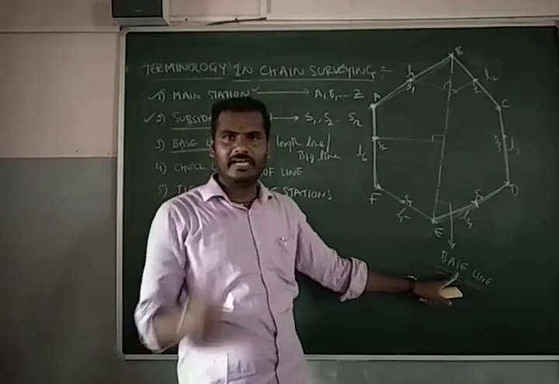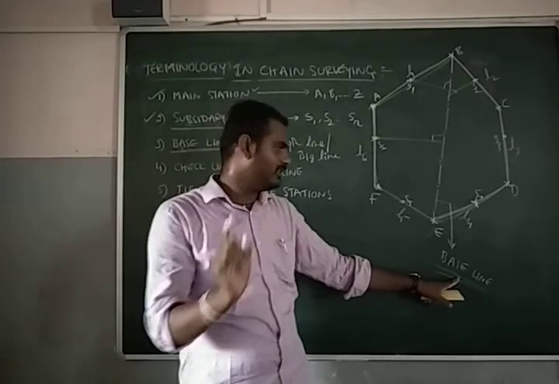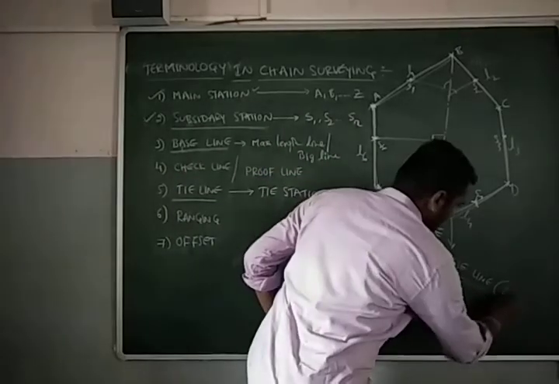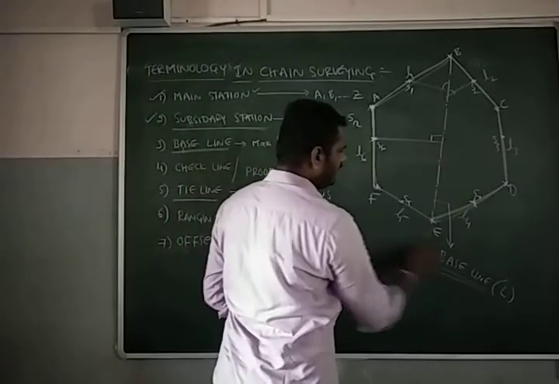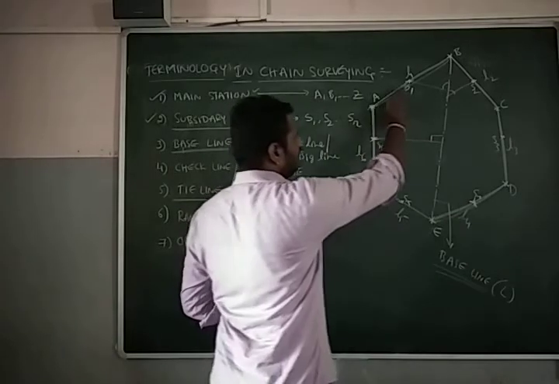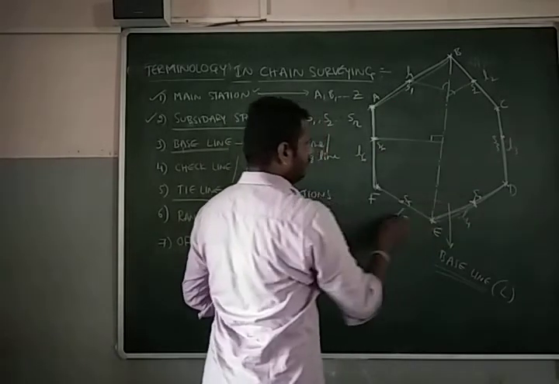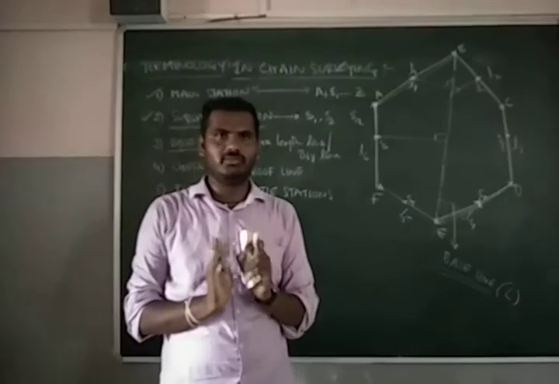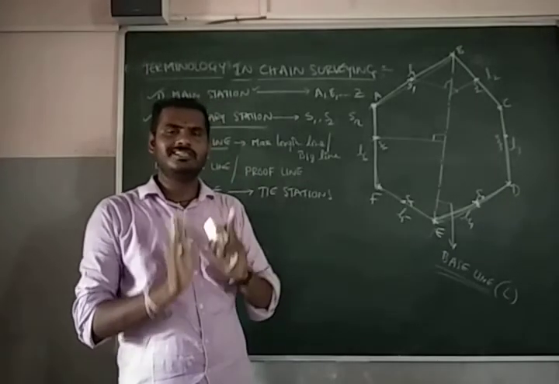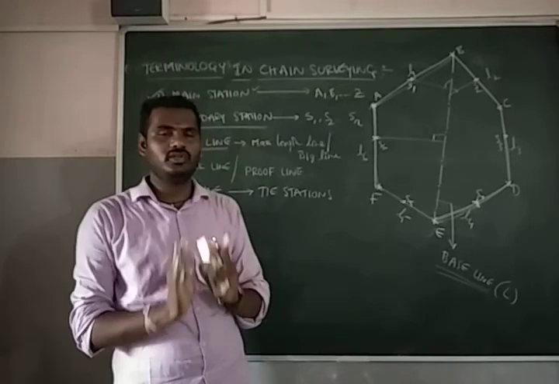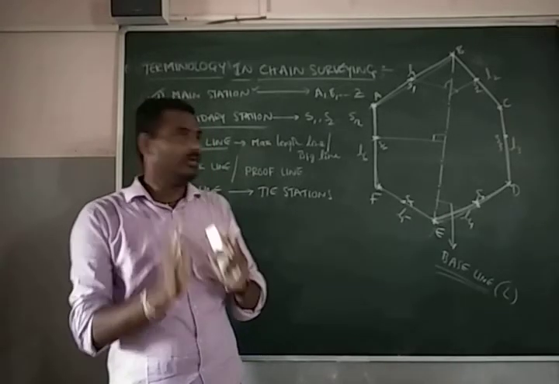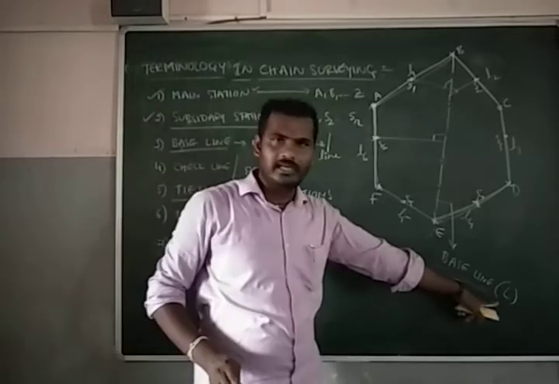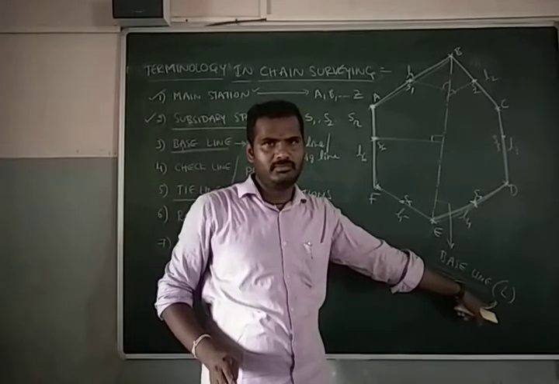All the dimensions, all the measurements that we measure, especially regarding the length of the baseline, and all the remaining lengths which are connecting major stations, should be measured accurately. That is very important. You are not supposed to make any mistakes while measuring L1, L2, L3, L4 and L6 as well as capital L. This is really very important.